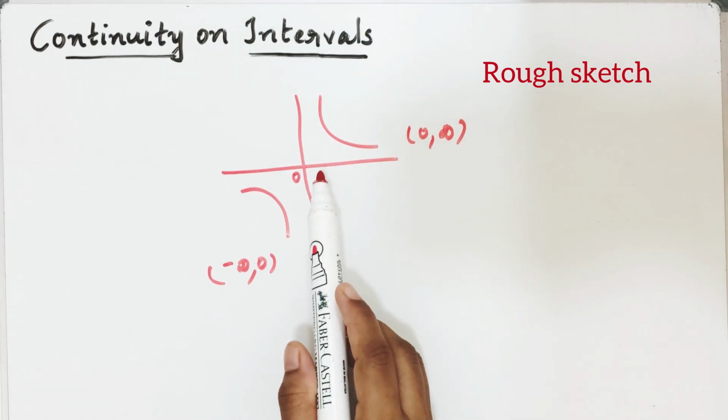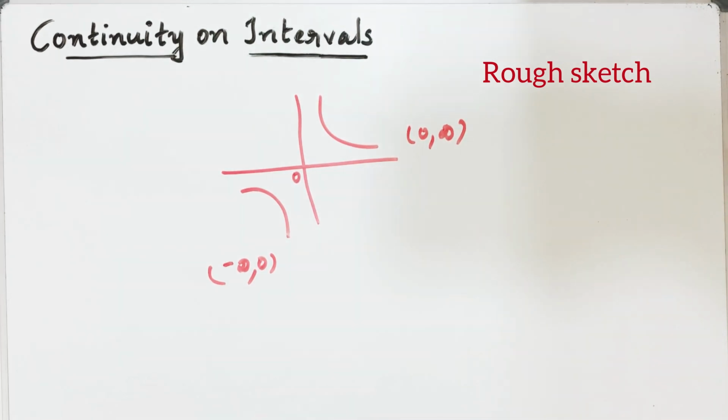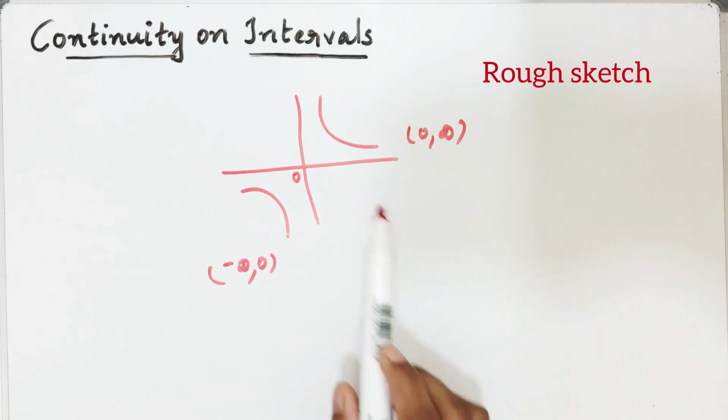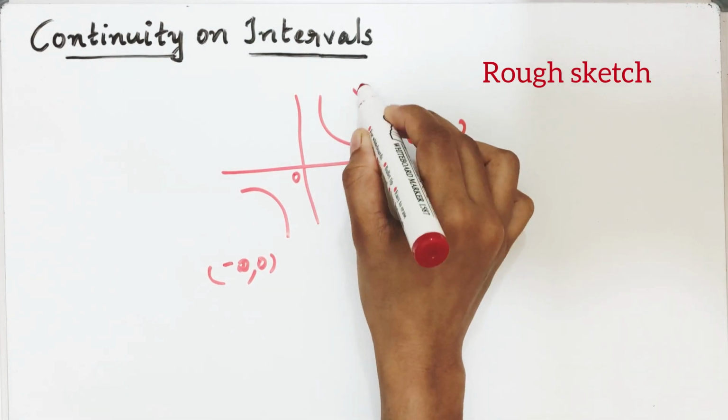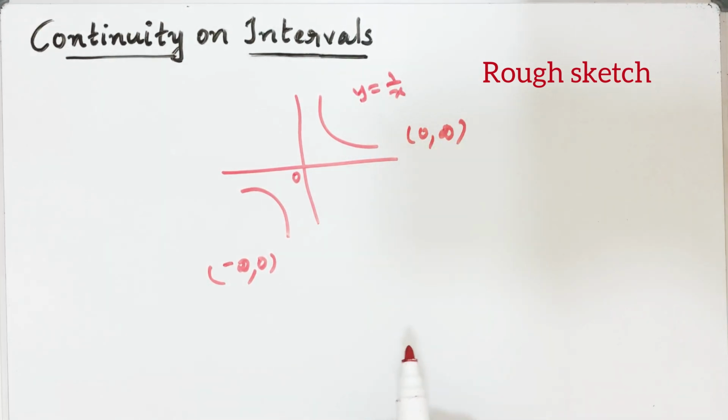It is discontinuous only at 0. So if we are considering the entire domain, this function is discontinuous. But when we restrict it to the intervals, this function is continuous. So here we see the importance of discussing continuity on intervals.